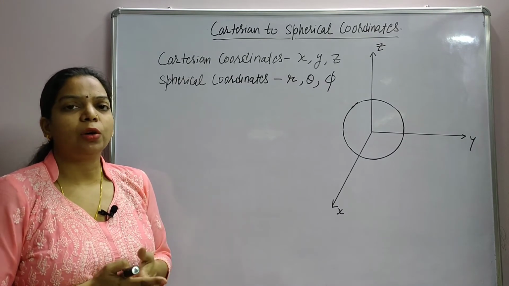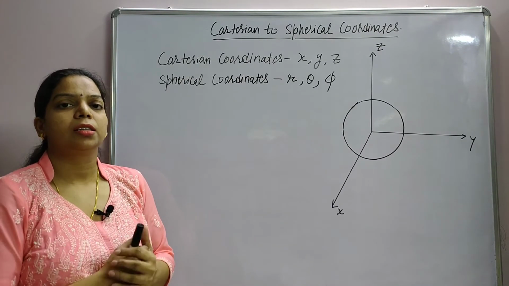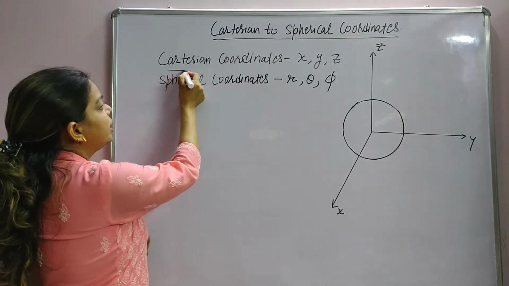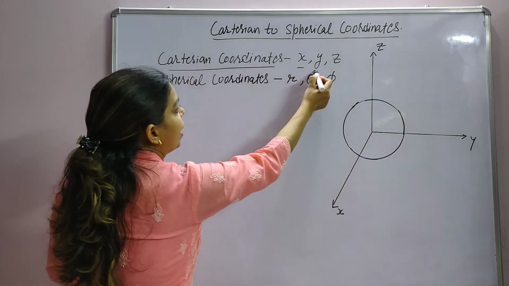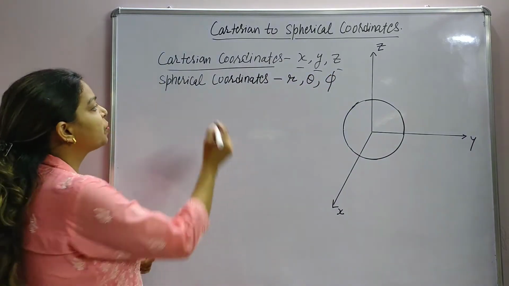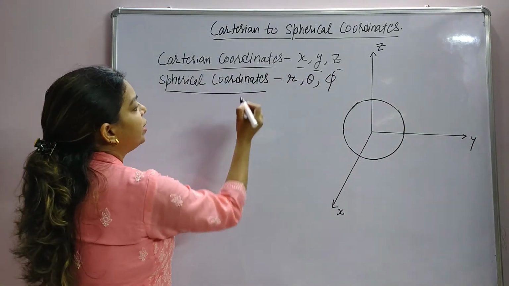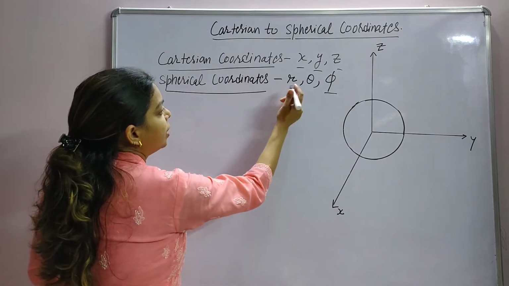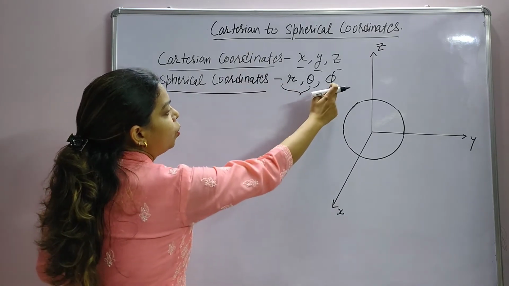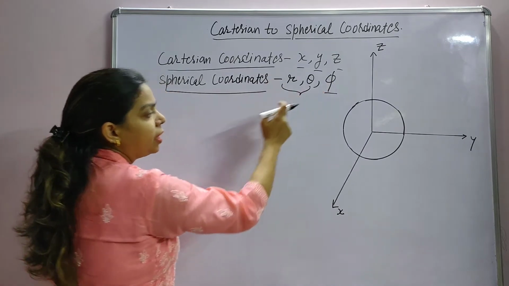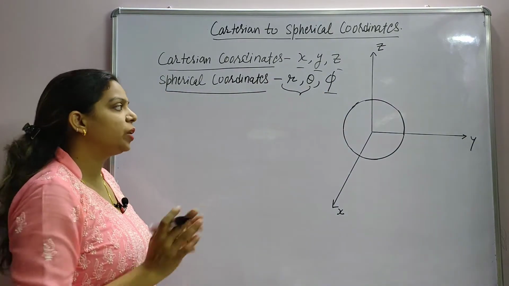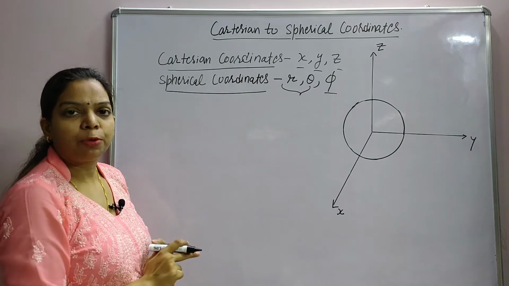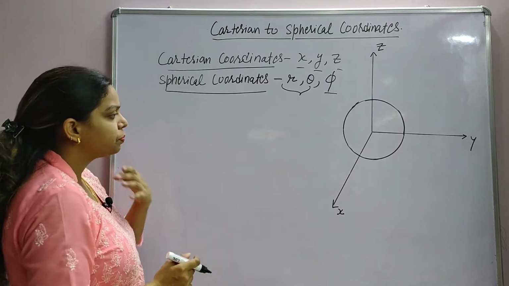So we collectively call them spherical polar coordinates. The Cartesian coordinates are x, y and z, we already know, and the spherical polar coordinates are r, theta and phi. So these two are polar coordinates, and if I include phi, it becomes spherical coordinates. We can say polar coordinates also if phi is kept constant.